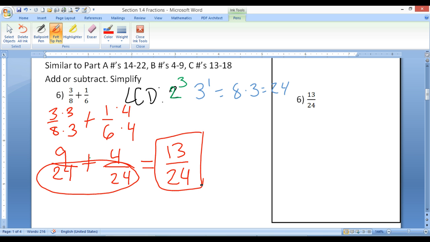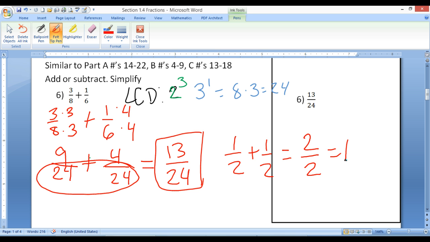Some of you are thinking, well, why don't I add the denominators and get 48? Remember, if I'm adding something like 1/2 plus 1/2, if you have half of a pizza and half of a pizza, add them together, you get 1 whole pizza, or 2 halves, which is 1.